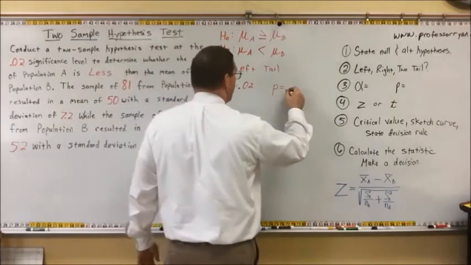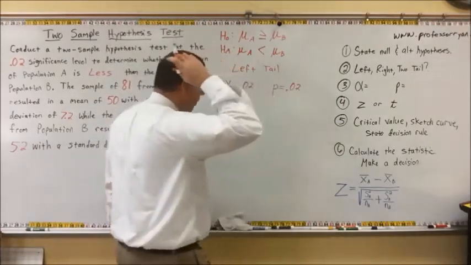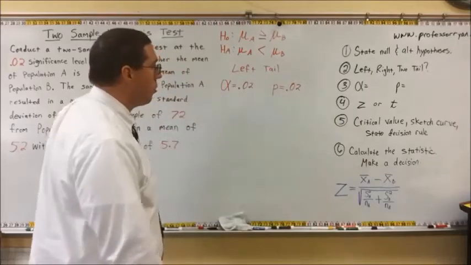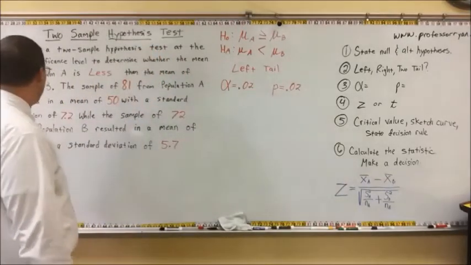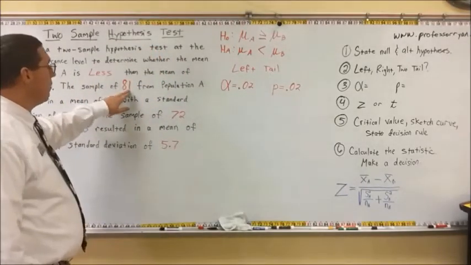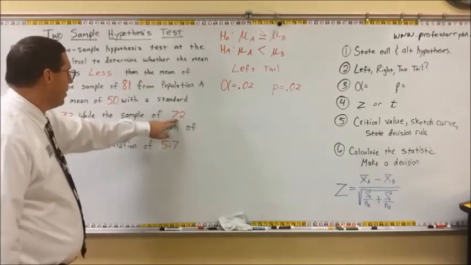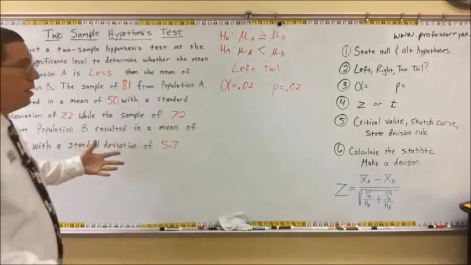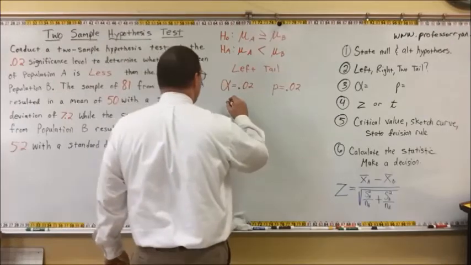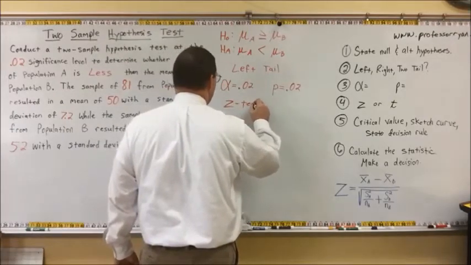So our p-value is 0.02. Is this a z-test or a t-test? Well, the sample sizes are 81 for population A and 72 for population B. They're both larger than 30, so this is a z-test.